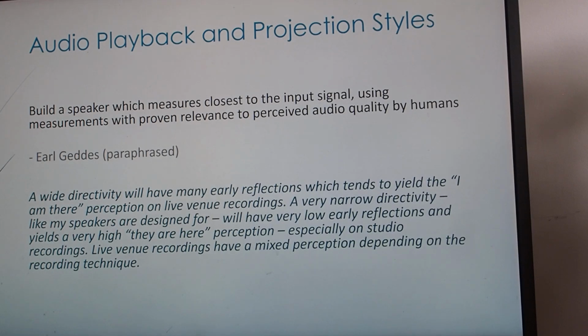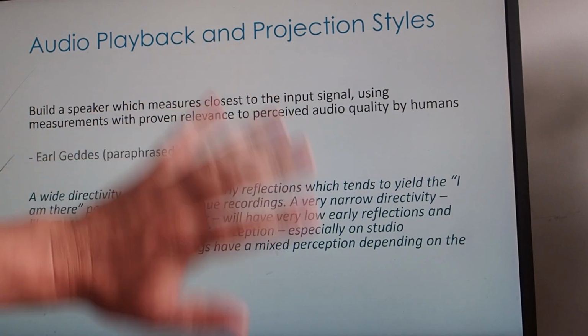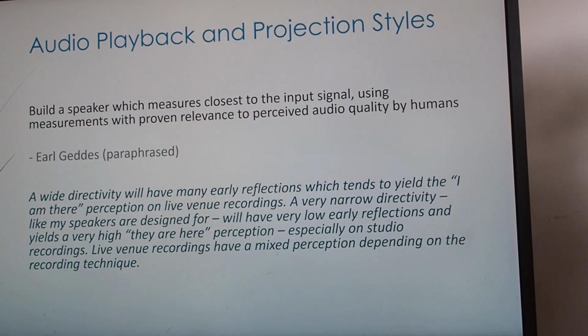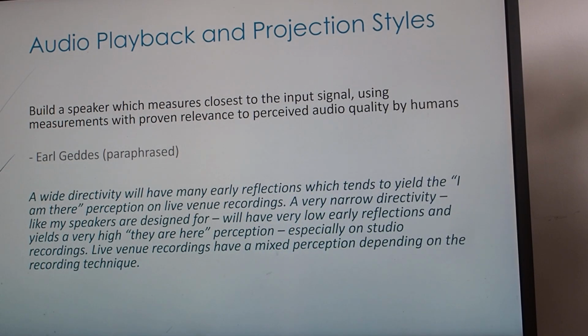Live recordings have a mixed perception depending on the recording technique. So you can see here, he is very aware of this whole model that I just presented, and he's made his choice, but he knows where he's sitting and why you would do the other things. So this is somebody who obviously has a very targeted direction of development of his speakers, but you can see that the whole spectrum is very visible to him.